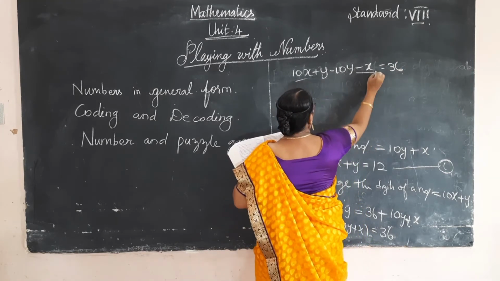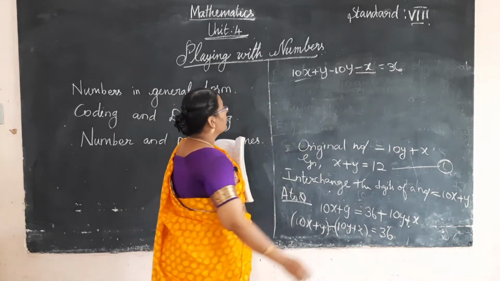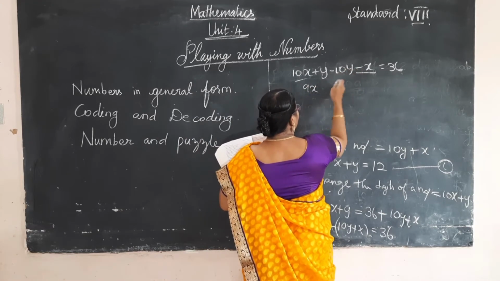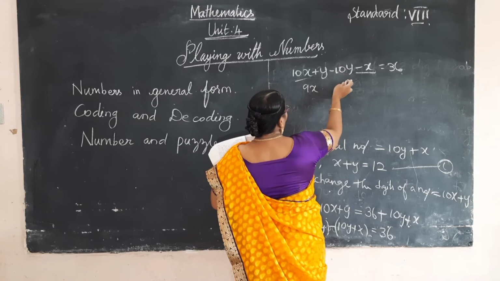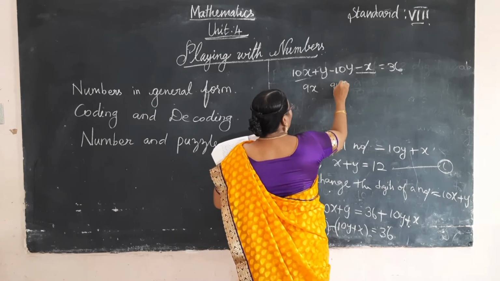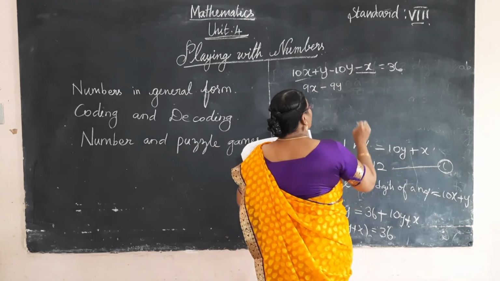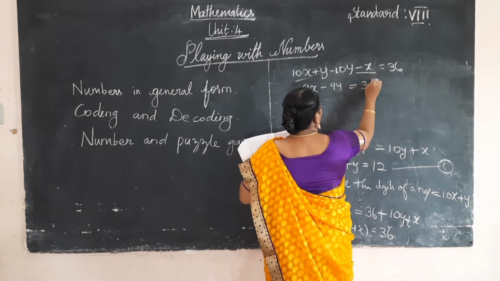Now subtract the like terms: 10x minus x is 9x, minus 10y plus y is minus 9y. The greater number's sign is minus. So 9x minus 9y is equal to 36.